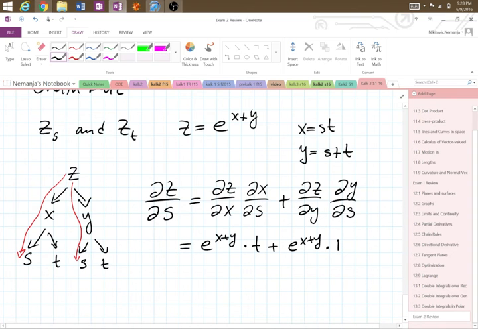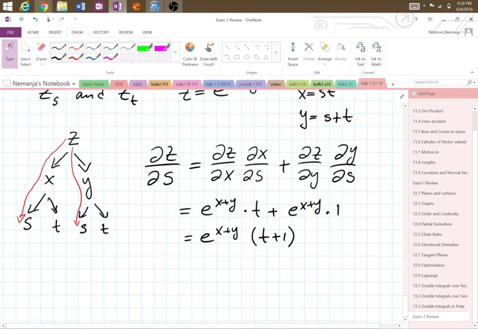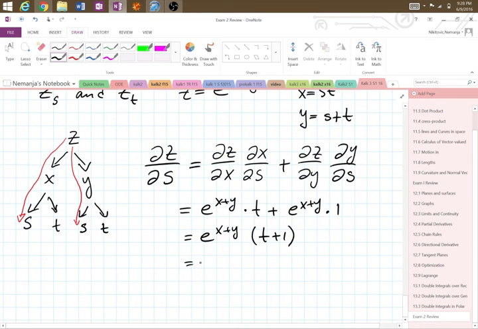Now you can factor out e to the x plus y, in parentheses t plus 1, and plug in what x and y are: e to the st plus s plus t, times t plus 1, because we want everything in terms of s and t.